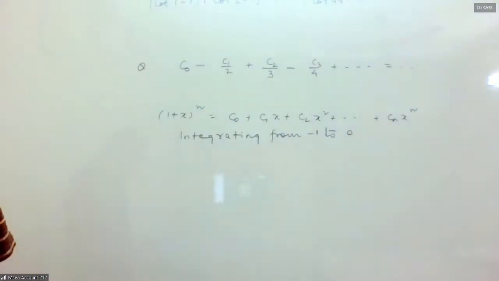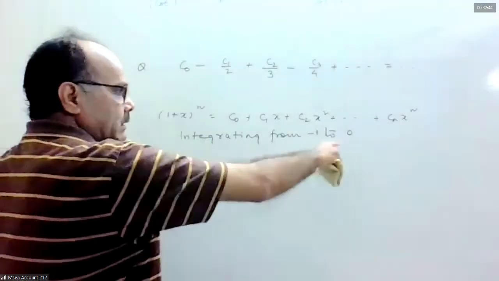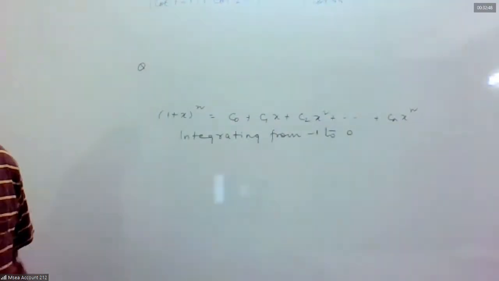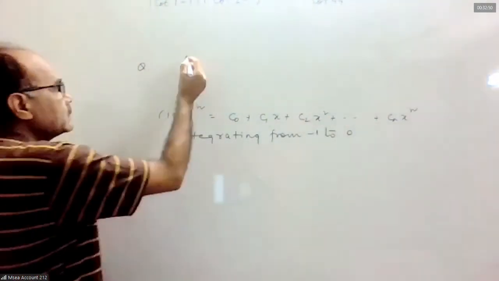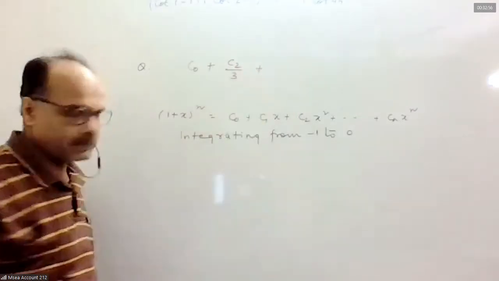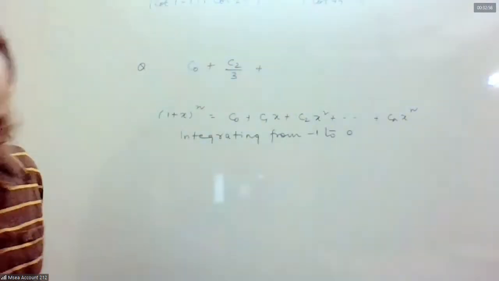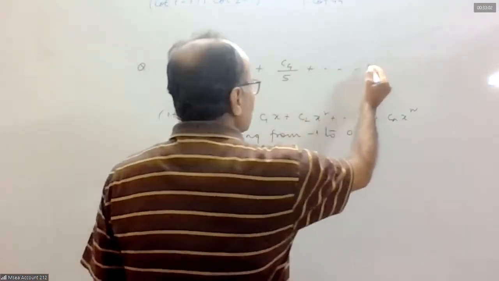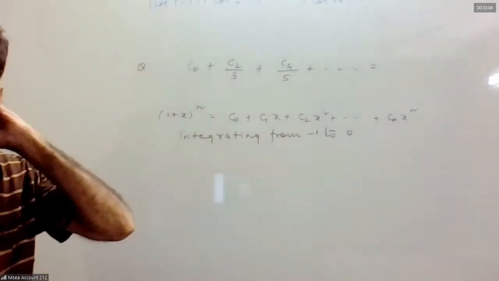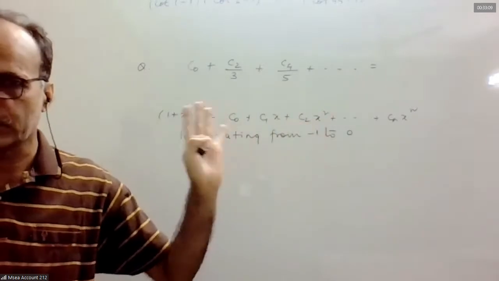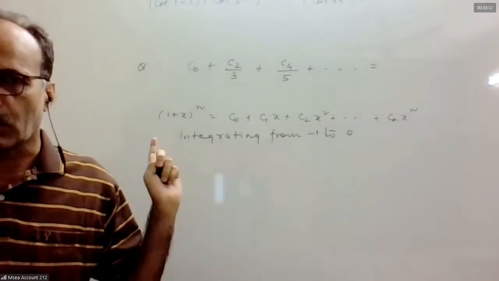Next, C0, just write only limits. C0 plus C2 by 3 plus C4 by 5. Here C1 into X, C3 into X cube, all these terms vanish, and those are odd degree polynomials.